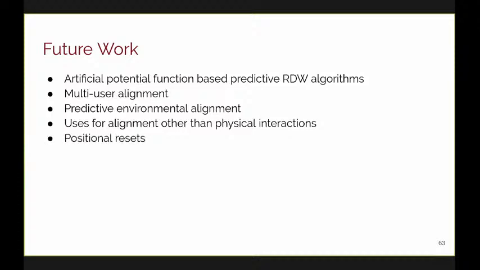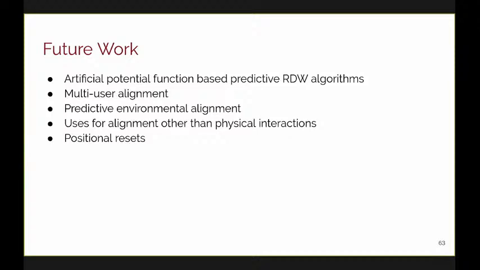And finally, this notion of positional resets. As we saw in those results, we were not able to achieve zero positional error, and as such, we need some way to compensate for that. There are a few different techniques, but I'd like to draw on inspiration from redirected walking itself.